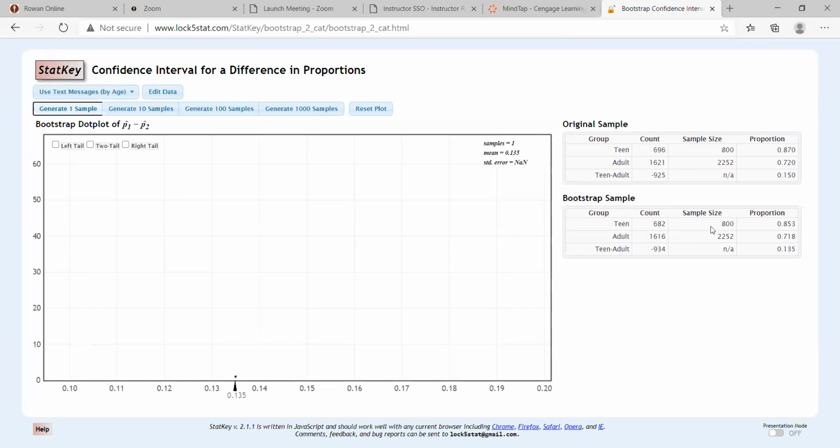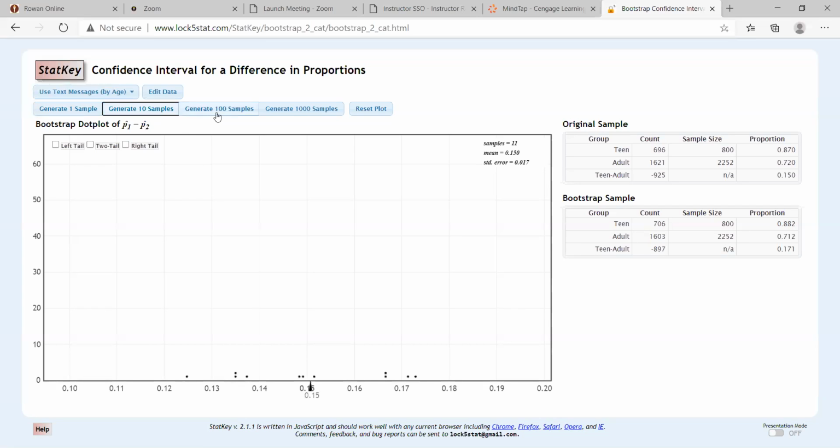Notice these two counts are different, but the sample sizes are the same. And they come up with different proportions. So the sample sizes remain the same. The counts change, but using sampling with replacement, they just do it within each of these populations. So they create a bootstrap sample, and the difference in this bootstrap sample is 0.135.